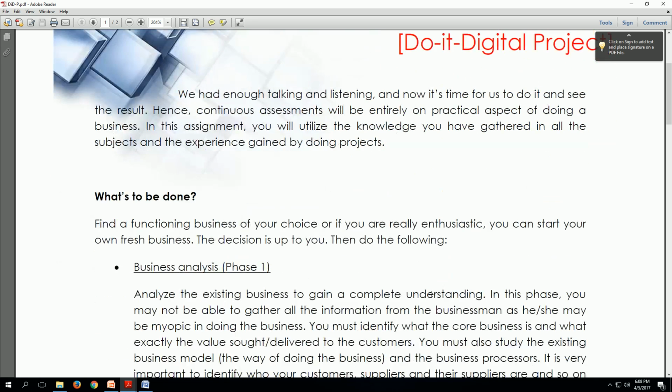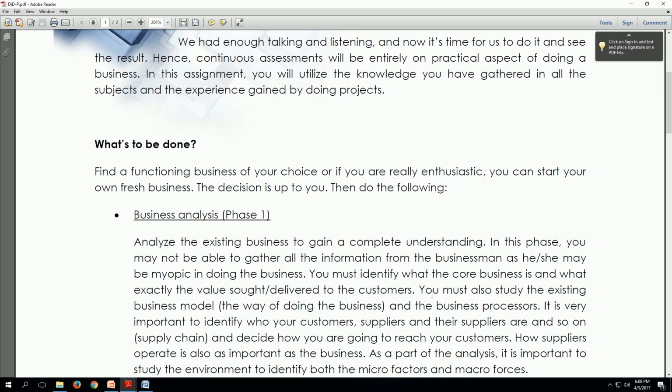So the main objective here is for you to get a real-life scenario, so that you know exactly what problems and challenges they face, and what their strategies are. Sometimes you find that they do not necessarily have a strategy, so in that case you need to create one also.